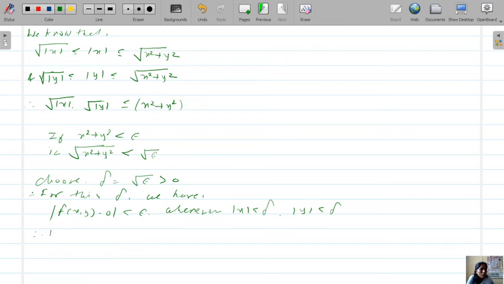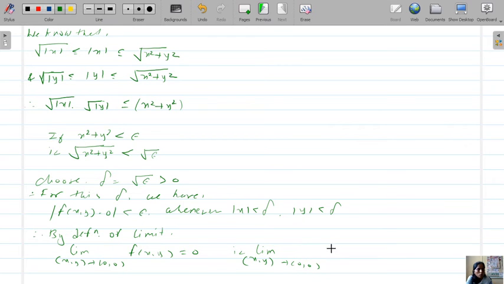And therefore by definition of limit, the simultaneous limit xy tends to 0, 0, of f of xy, which is square root of mod xy, is equal to 0.